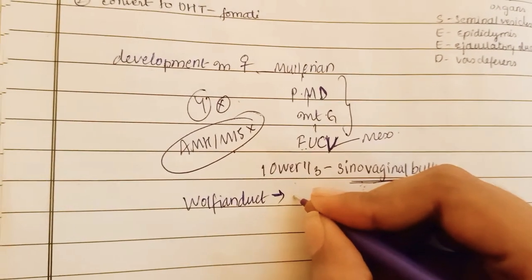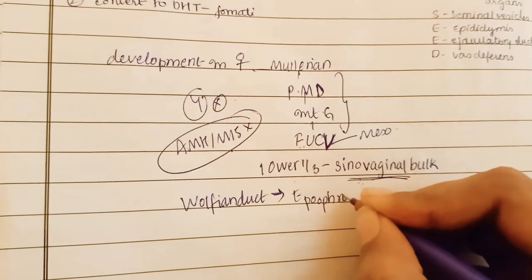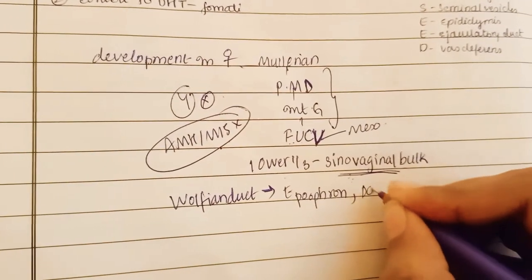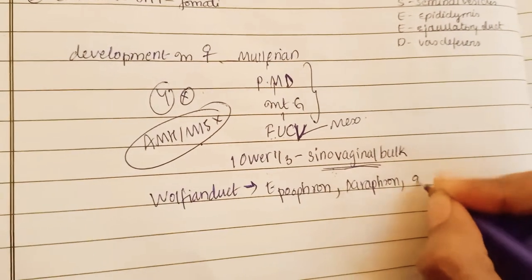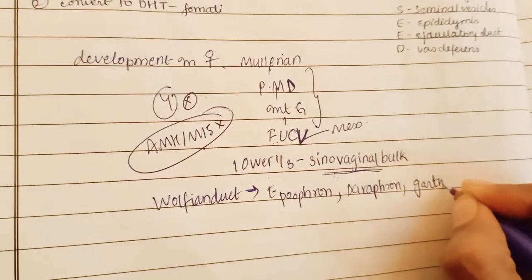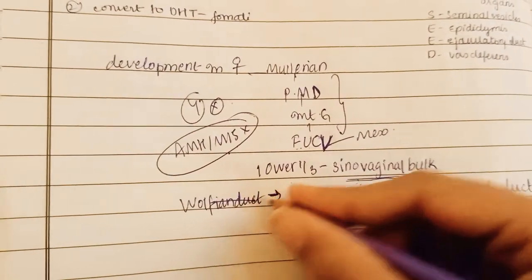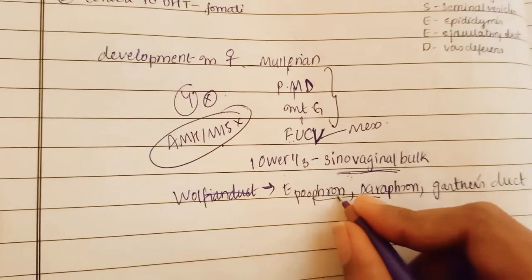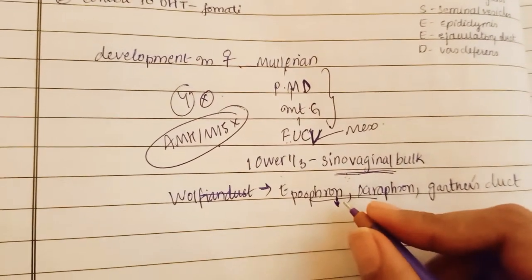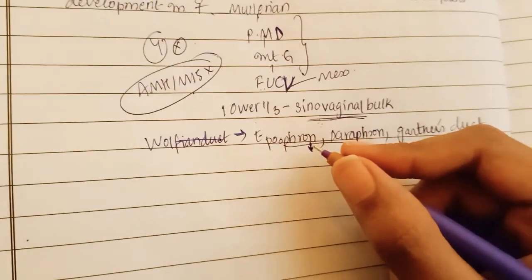So the Wolffian duct remnants are epoophoron, paroophoron, and Gartner's duct. So these are the remnants of the male Wolffian duct in the female. Epoophoron and paroophoron are remnants of mesonephric tubules, of course, because mesonephric tubules are part of the Wolffian system.